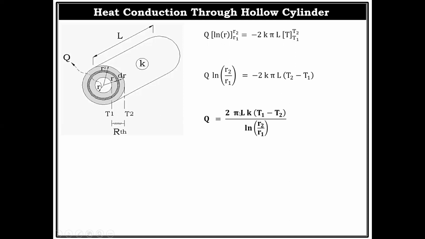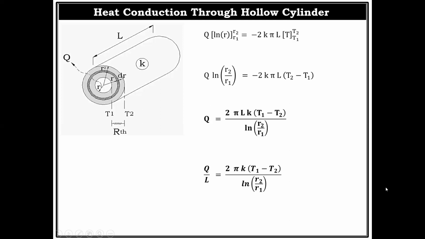So in that case, this length parameter will be shifted to the left-hand side and the equation becomes Q by L equals 2 pi k (T1 minus T2) upon ln of r2 upon r1. So friends, take a precaution: in a cylinder, ln is always higher radius divided by lower radius.